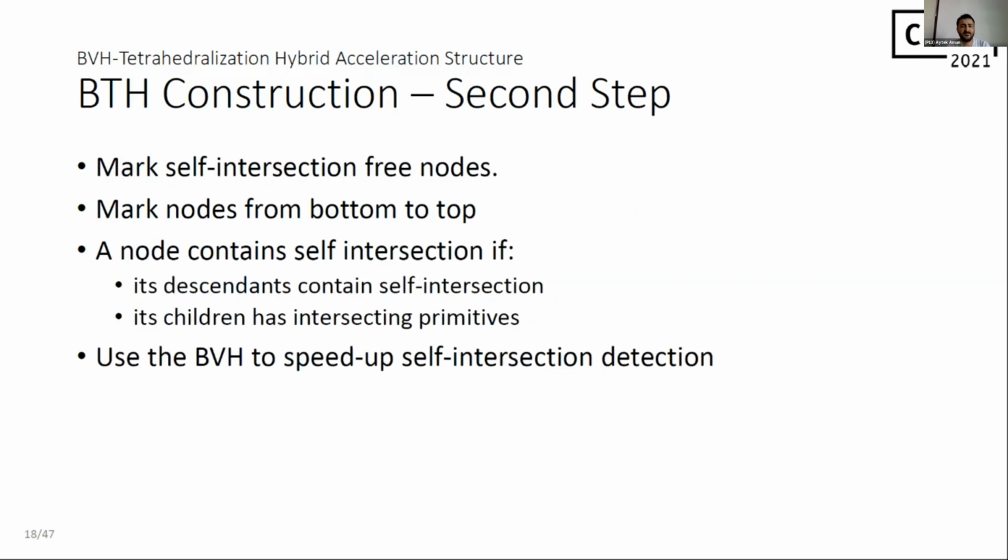In the second step, we mark self-intersection free nodes, which don't have any kind of intersection, basically. And then we mark the nodes from bottom to top. A node contains self-intersection if its descendants contain self-intersection, or if its children have intersecting primitives. And the good thing about this is we already constructed the BVH, so we can use that structure to speed up the self-intersection detection.